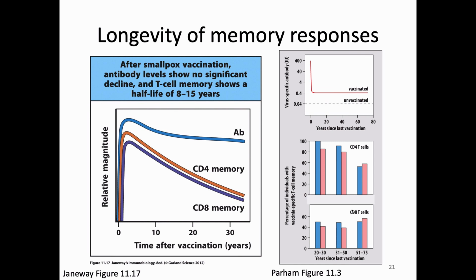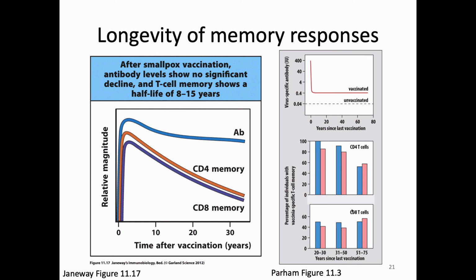We can see that we can detect antibodies in vaccinated people out to 75 years following vaccination. And you can see that with antibodies at the top, T cells at the bottom. The 75-year number, like I said, is a little bit controversial.